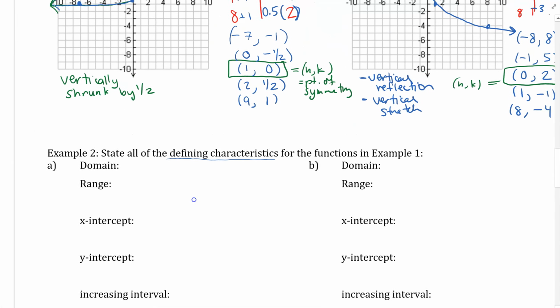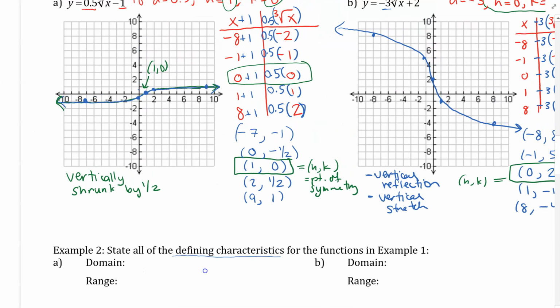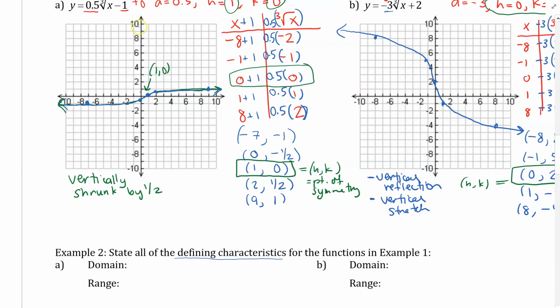We'll start with example 2, part A, which is referring to the graph we did in example 1A, where the equation for it was y equals 0.5 times the cube root of x minus 1.